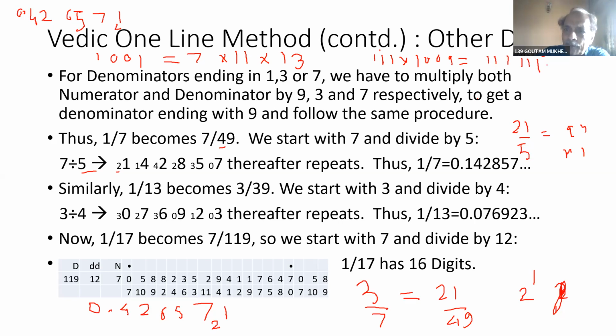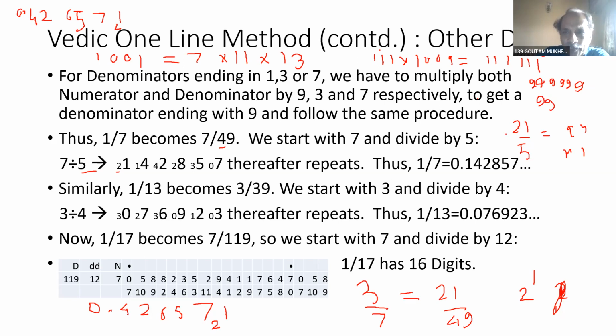And if I multiply by 9, it is all 999999. So 13 is a factor of this also. As a result, its periodicity cannot be more than 6. But 11 is also a factor of this one. But 11 has periodicity 2 because 11 is also a factor of 99. This 99 again is a factor of this one. But this is the shortest.